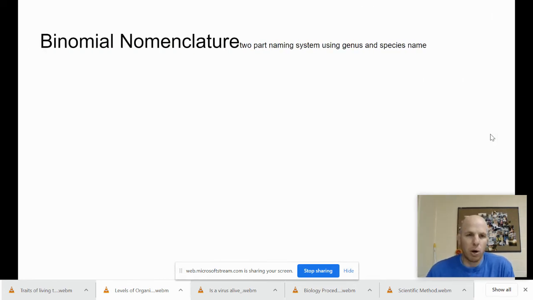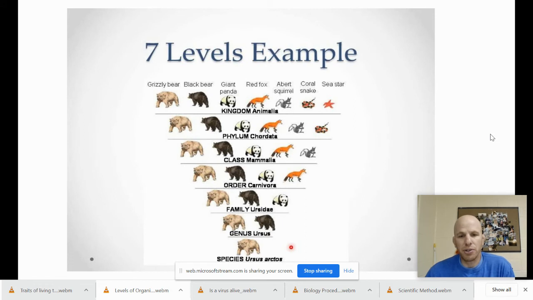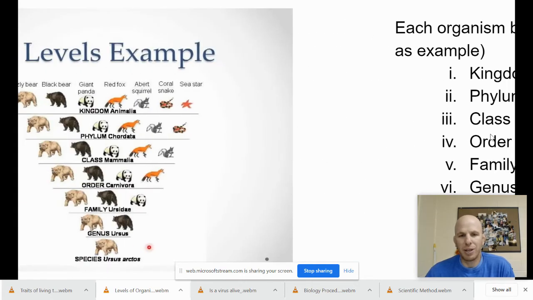So there's this part called binomial nomenclature. When I look at the bear here, Ursus arctos, that is the binomial nomenclature name of the grizzly bear, or we can call it the scientific name. For humans, our scientific name is Homo sapien. All right. So where do we get that?